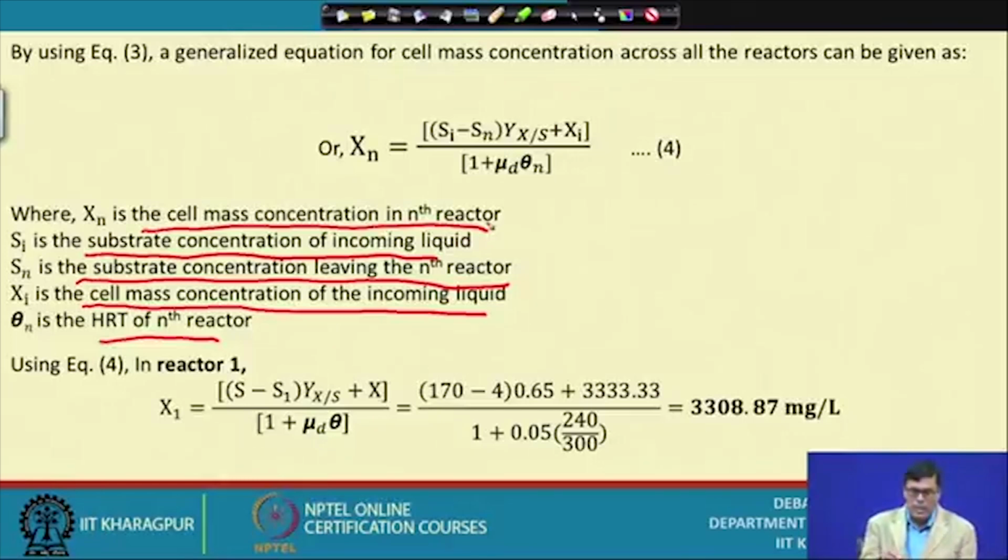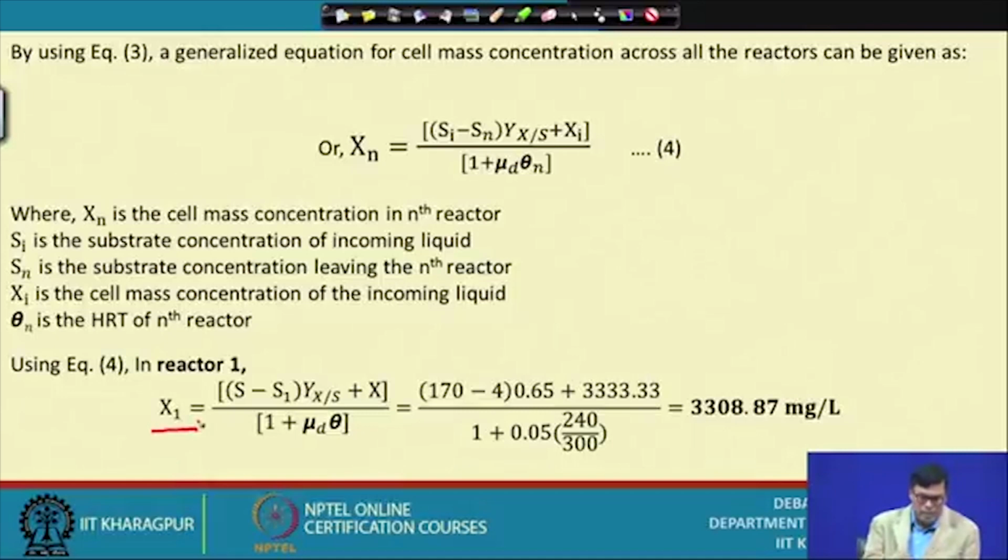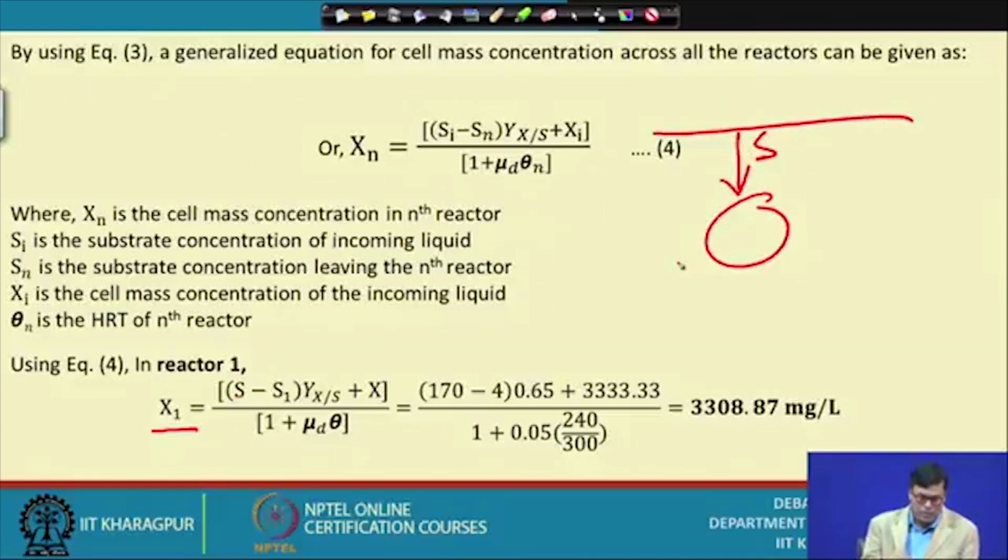So, after writing this generalized equation, now we can consider the first reactor. In the first reactor, we can write that x1 equals S0 minus S1, that is going out from this number 1 reactor, times Y, plus x, where x is the value for the incoming liquid, divided by 1 plus theta into mu d.